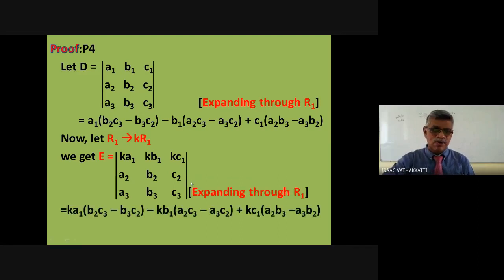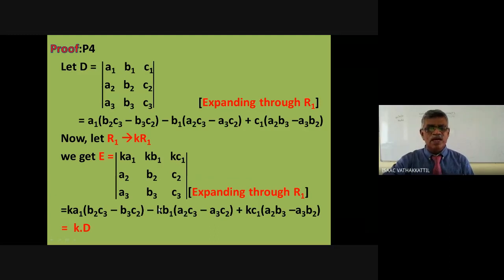Expand through R1: ka1 into B2C3 minus B3C2, minus kb1 into A2C3 minus A3C2, plus kc1 into A2B3 minus A3B2. And you take k out.